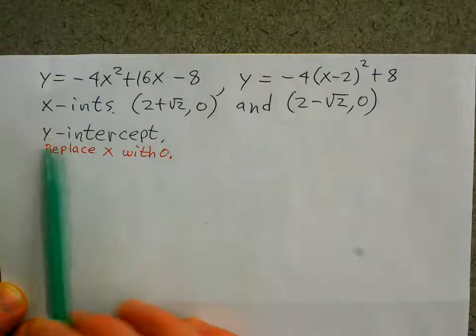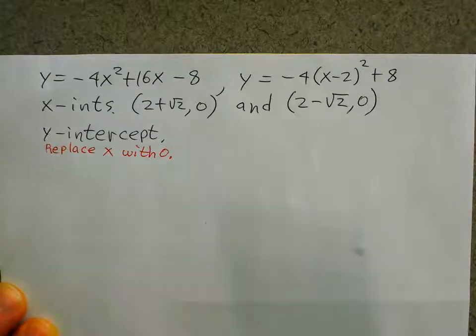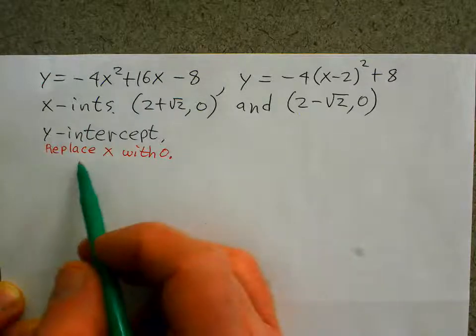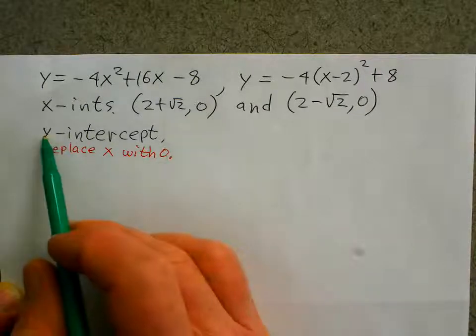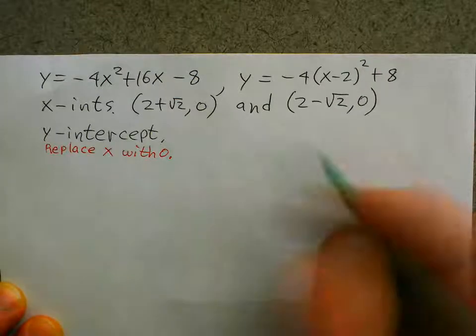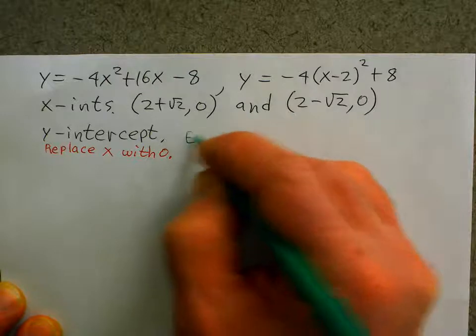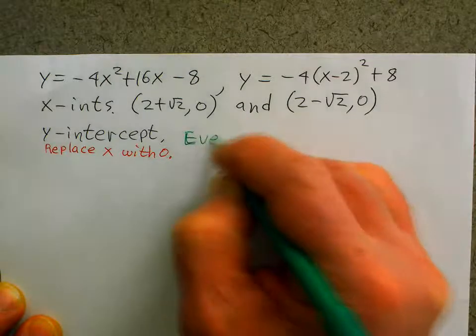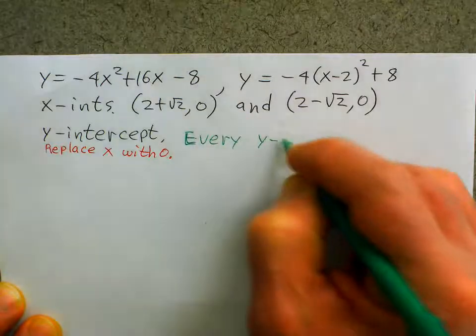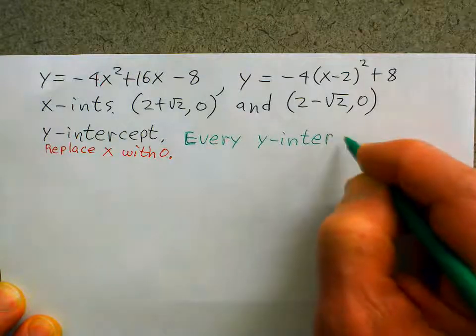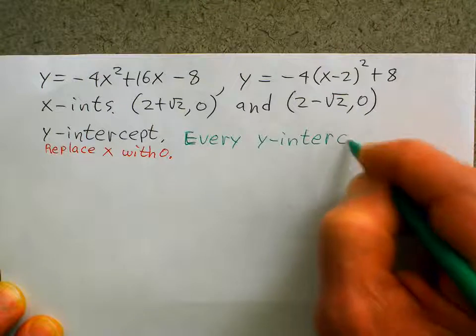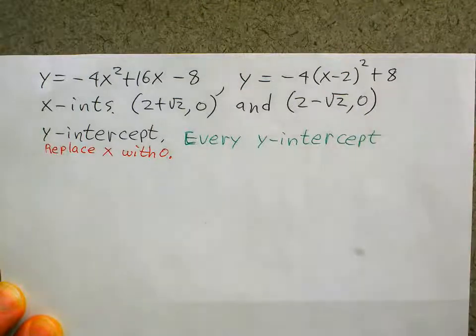Okay, so I'll give you the reason, I'll write it down. The reason that we replace x with 0 when we want to find the y-intercept is that every y-intercept, remember the y-intercept is a point in the xy plane, and every point in the xy plane is associated with an ordered pair, meaning that it has an x coordinate and a y coordinate.